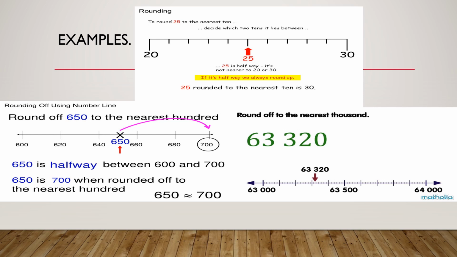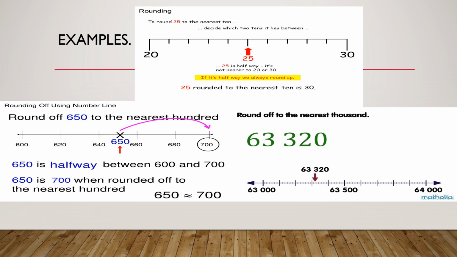Rounding off 650 to the nearest 100. Now 650 is halfway between 600 and 700. 650 is 700 when rounded off to the nearest 100 because 50 is halfway of 100.